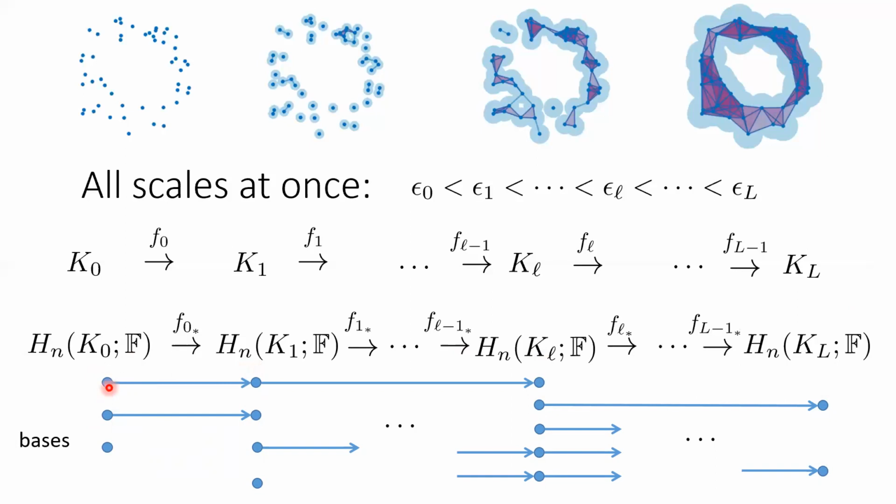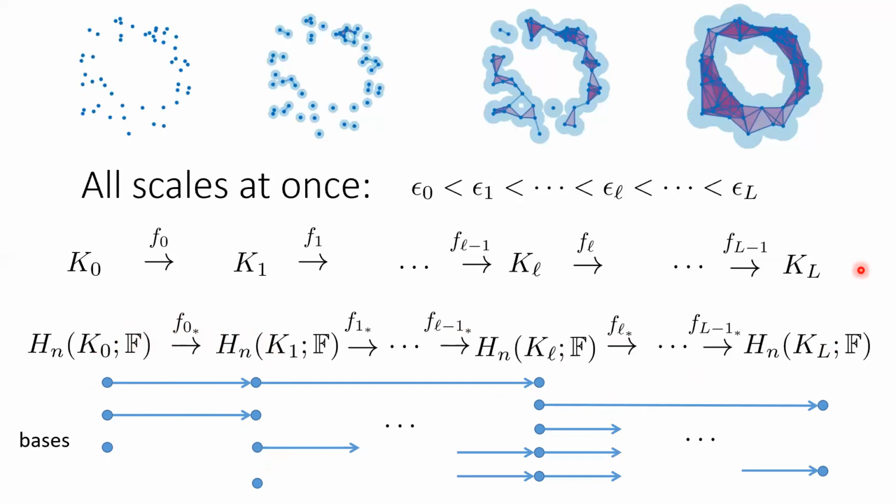Two different basis elements will always go to two different basis elements, or a basis element will map to 0, right? So that is the magic of persistent homology, that not only can one change the bases in two of these vector spaces at one time, for example, doing Gaussian elimination, but rather that there is an algorithm that looks very much like Gaussian elimination that updates the bases in all of these homology vector spaces at once.